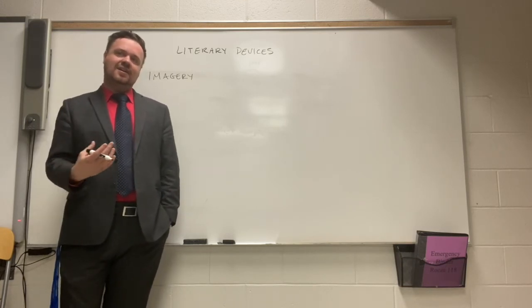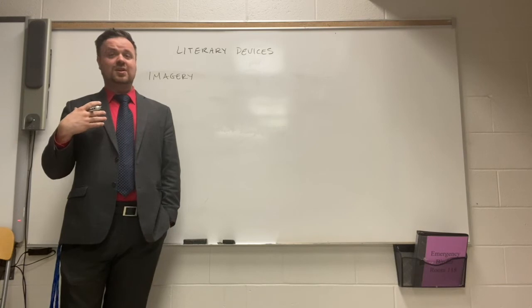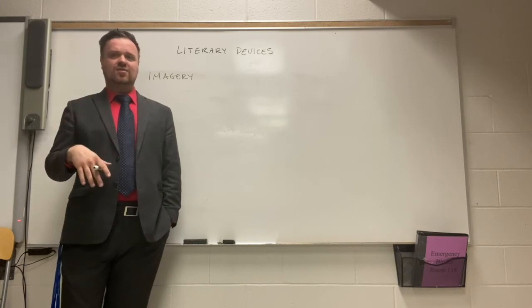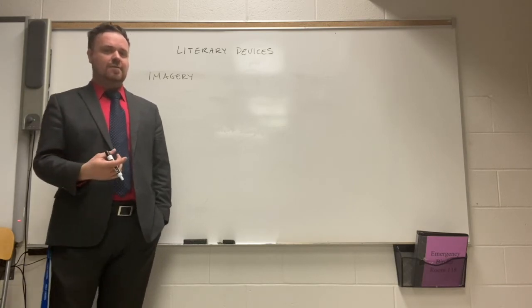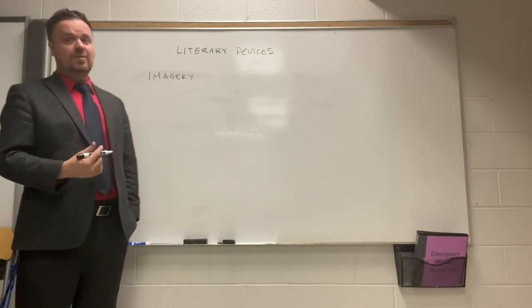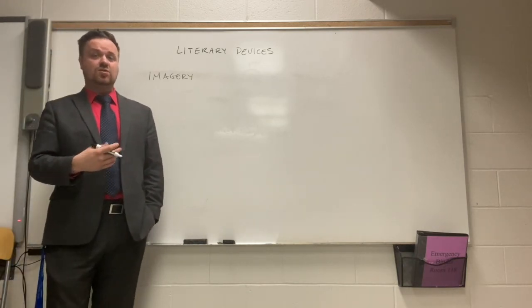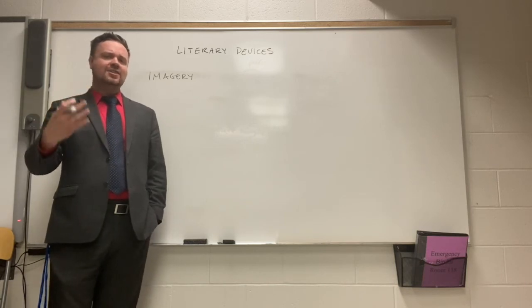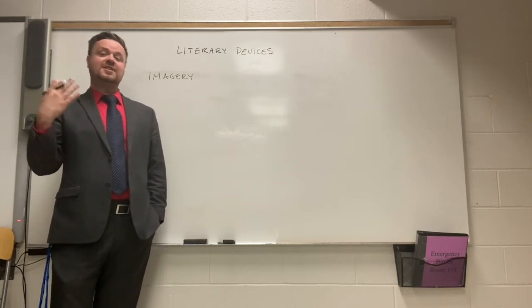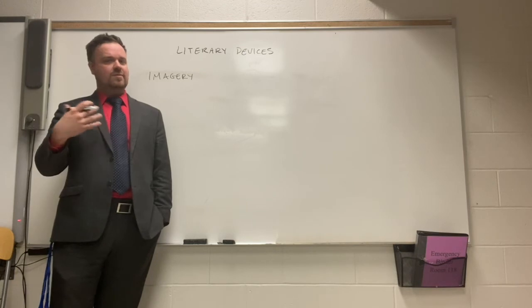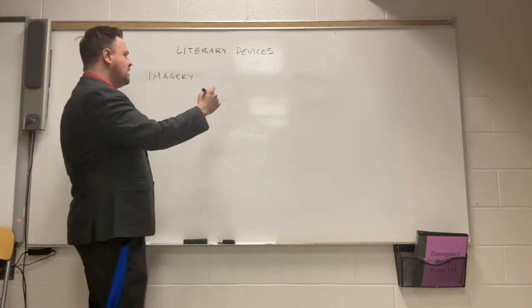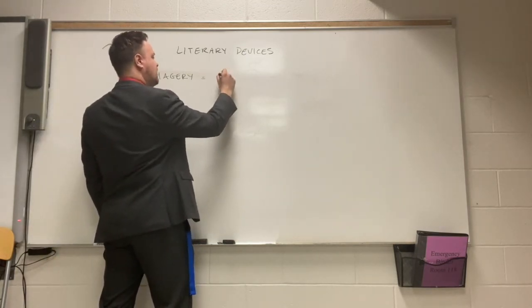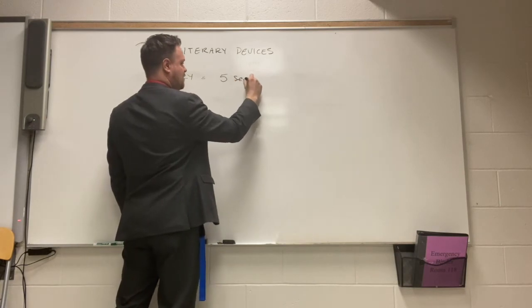Let's say that I want to describe how something looks, tastes, smells, or feels to the touch. I will be using imagery, which is a tool or device that when you read it will make you imagine how it feels, how it tastes, how it smells, whatever I'm trying to describe. In other words, imagery employs your five senses.